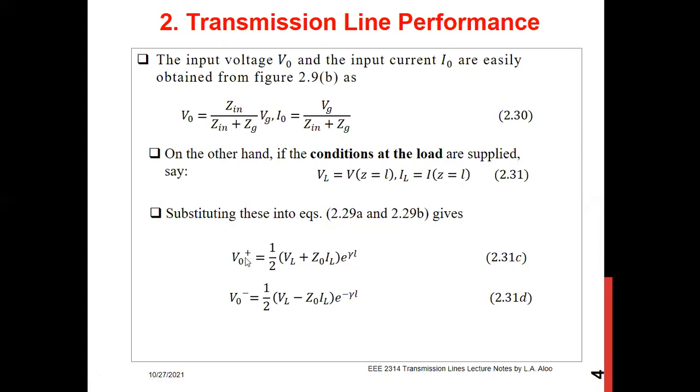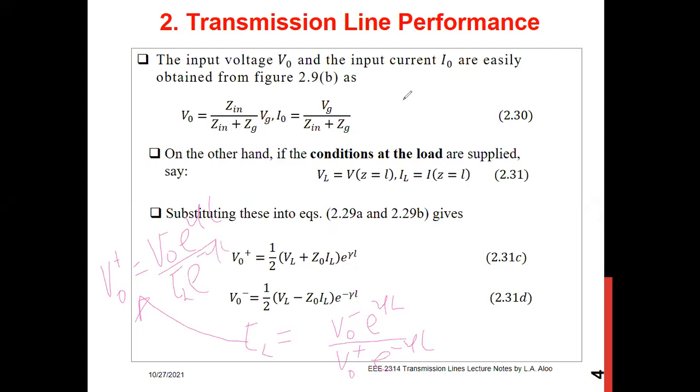Remember, we have said that tau L is equal to V naught negative exponential gamma L over V naught positive exponential negative gamma L. So if we make V naught positive the subject from this equation, you will find that V naught positive will be equal to V naught negative exponential gamma L divided by tau L exponential negative gamma L. Then you substitute this expression here. So where there is V naught positive, you substitute the equivalence.